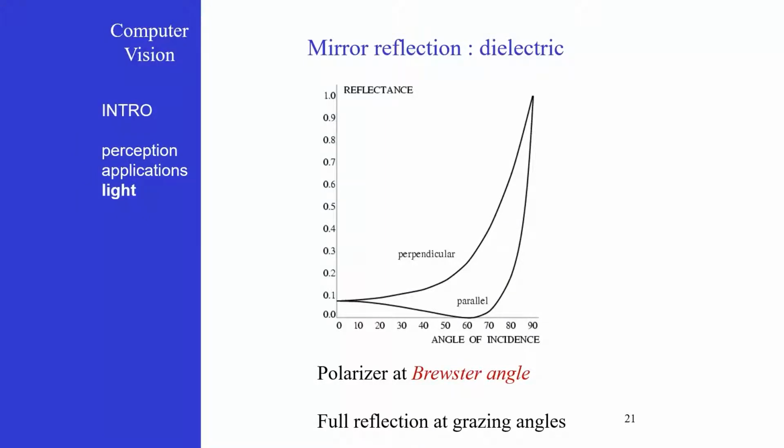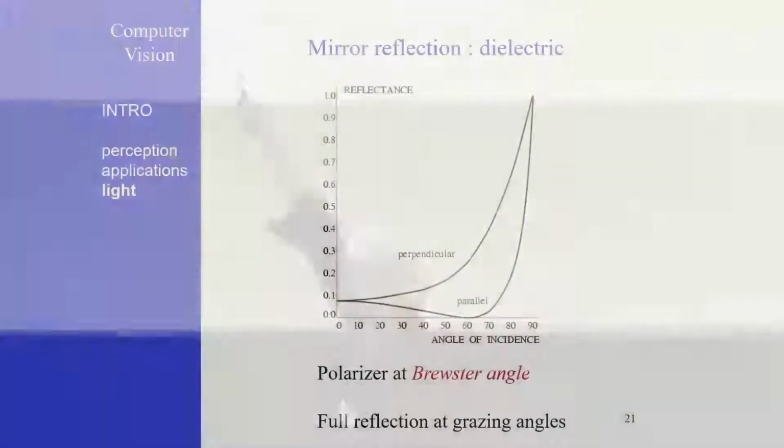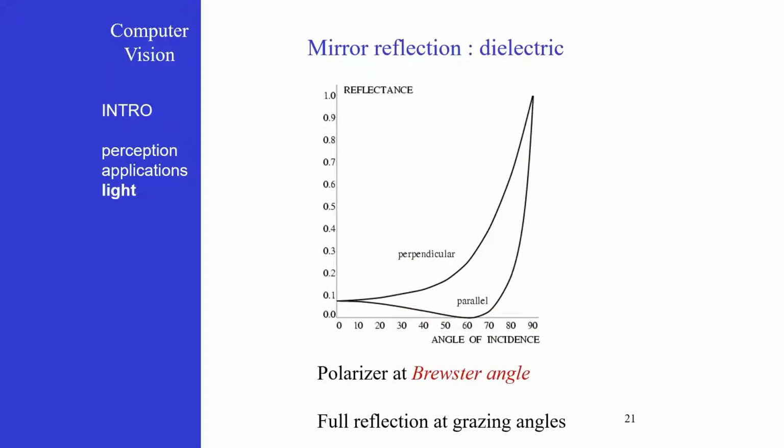You come in almost parallel to the interface between the two materials. And angles in between. First thing to note is that, okay, if you come in perpendicular, most of the light, it seems, will go through, because only like 10% or so is being reflected back from where you came.